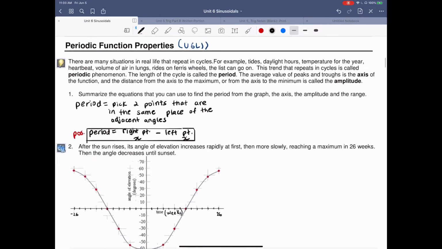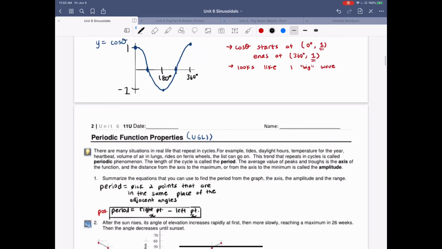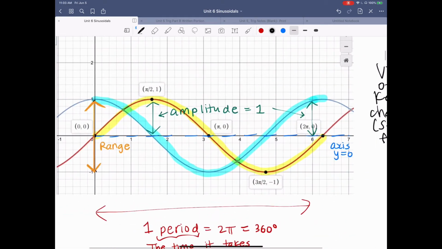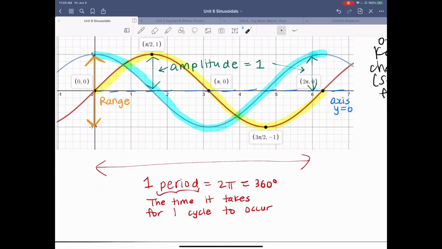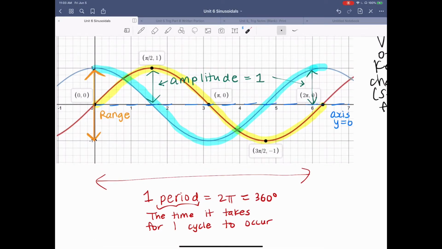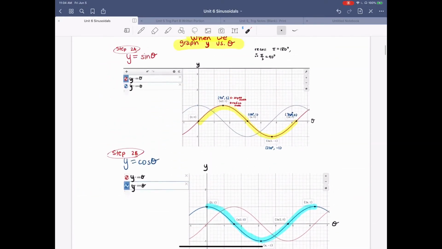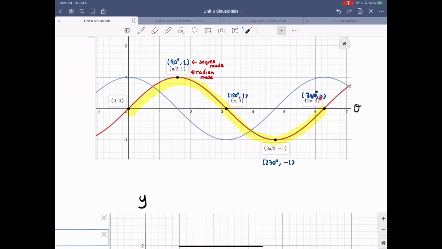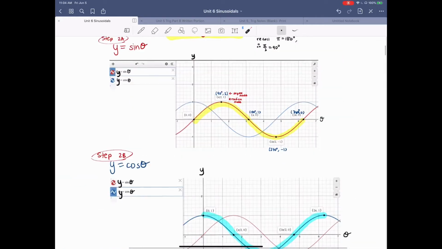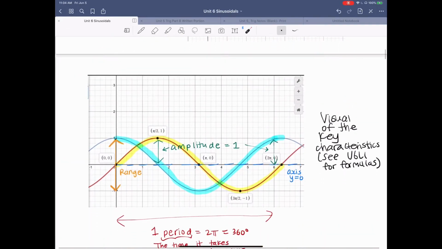Next, let's take a look at the axis. So if you want the visual for a second, we're saying that the period is right here. If you start off at 0 and you go to 360 degrees, I'm basically doing 360 minus the 0 right here, and I will get 360 as my period. The next part was the axis.